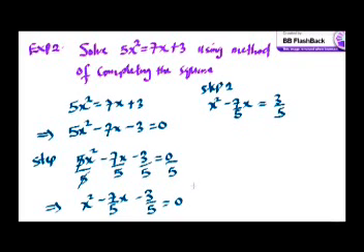Then I'm having here step 3, which means to find the number that must be added to the variable to make it a perfect square. So we are going to look for that number, and that number would be taking the coefficient of x, minus 7 over 5, dividing it by 2 and squaring it.